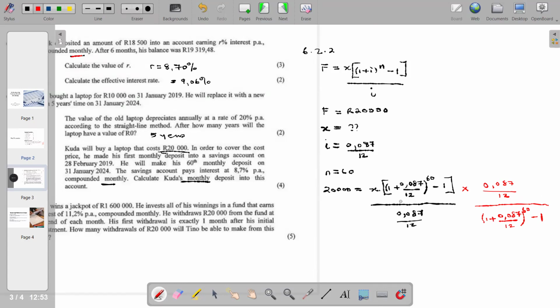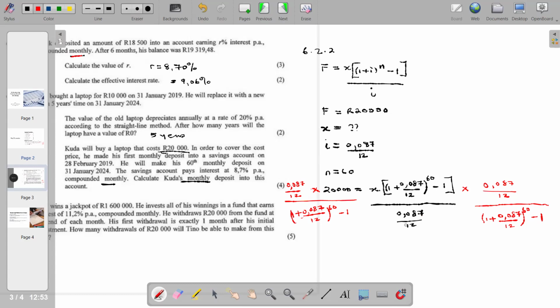What we do on the right-hand side, we do it on the left-hand side, meaning to say here again, we have to multiply by 0.087 over 12 divided by 1 plus 0.087 over 12 to the power 60 minus 1.